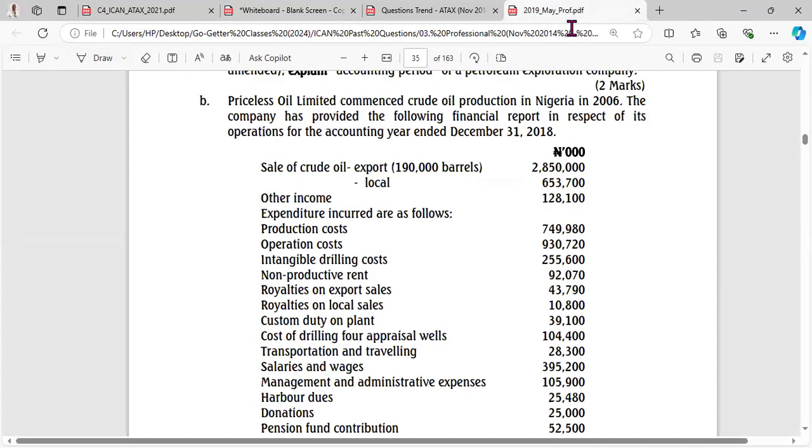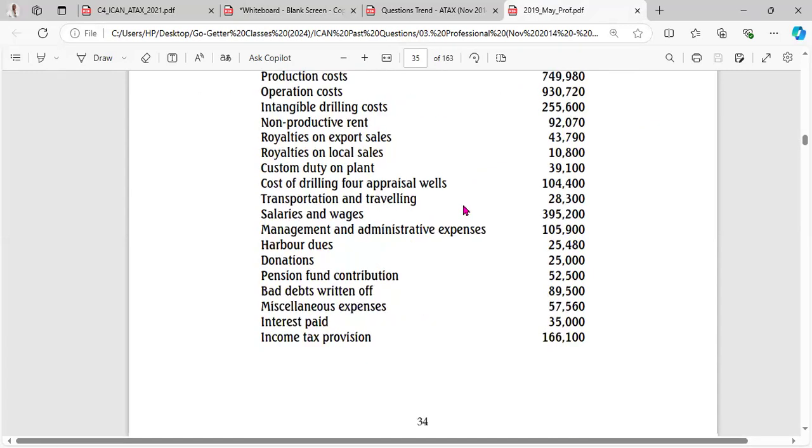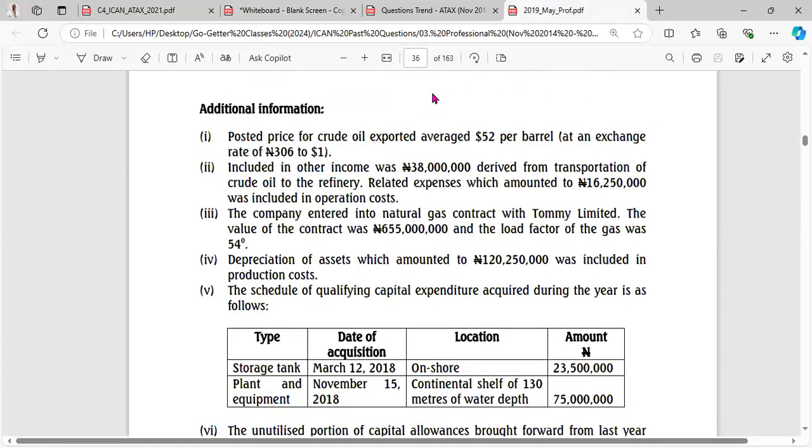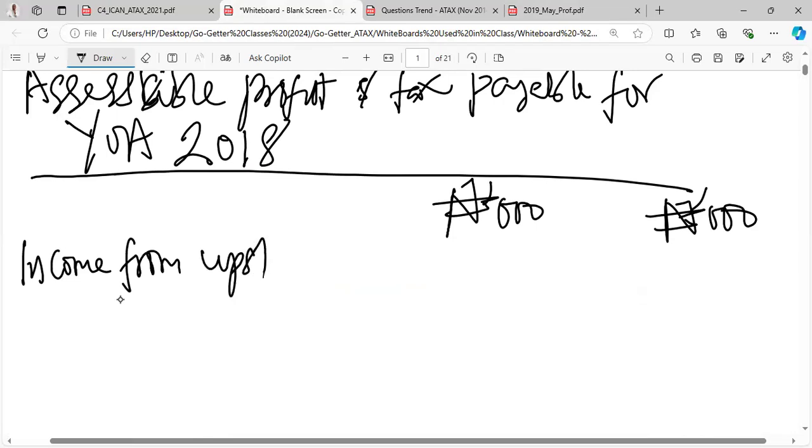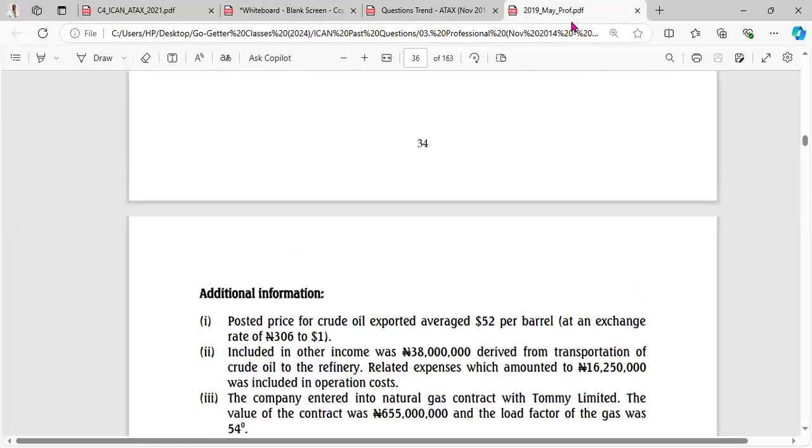All right, so now we will need to start from income, because all these are a lot of things. We'll start from income. So you will now say income from upstream activities. So what we are doing now is the income from upstream activities.